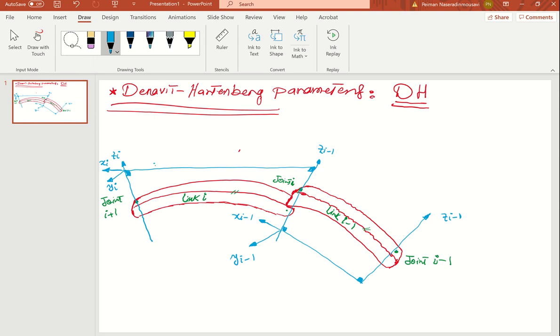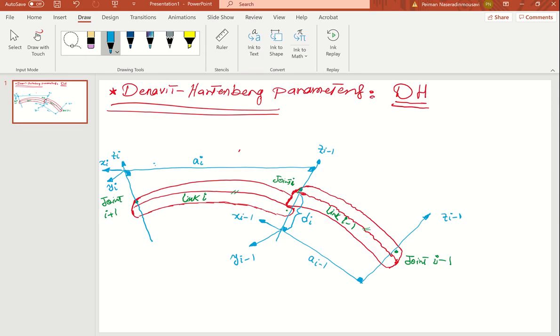Okay, so and I'm saying this distance as ai, as you have seen the paper I showed to you. I'm saying this distance as di, so the second Denavit-Hartenberg DH parameter, and obviously this is ai, this is going to be ai minus 1. That's right.